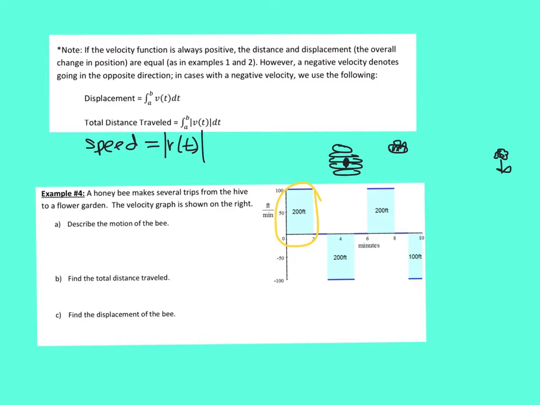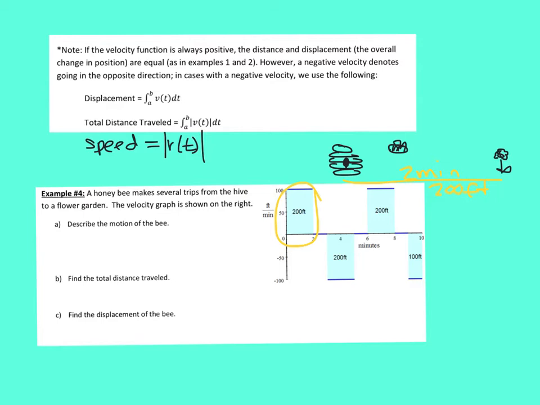That's the total distance gone in the first 2 minutes. So in the first 2 minutes, the bee went a total of 200 feet, at a constant rate of 100 feet per minute. I'll let you write that out.